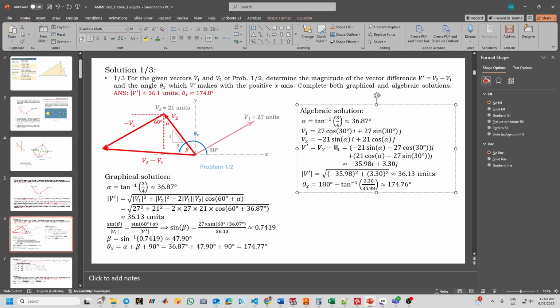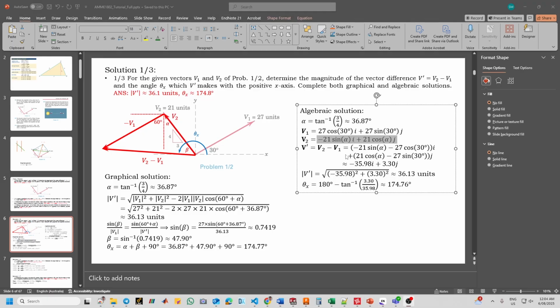So it should be in capital because it is a vector. Remember, don't make this mistake. It shouldn't be a scalar, sorry, italic. This is italic, you see. It should be in bold font. Then you just plug v2 and v1 in this formula and you find everything.